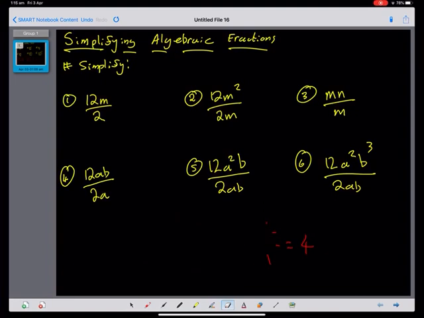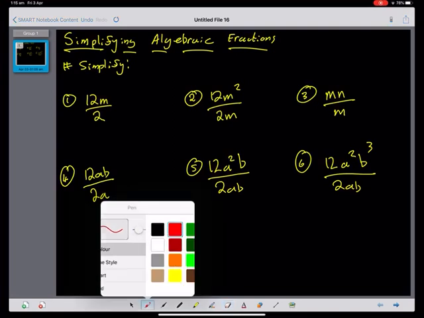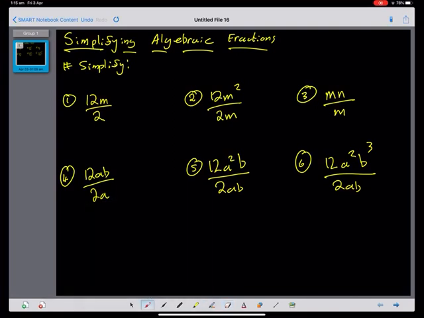Okay, so I'm going to do question 5. Okay, so 12 divided by 2 is 6. And then we've got a squared divided by a. Now, you should note that the division index laws, if we have a to the m divided by a to the n, we subtract them.